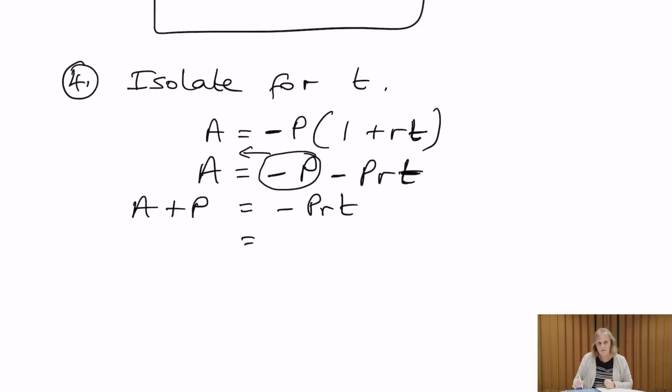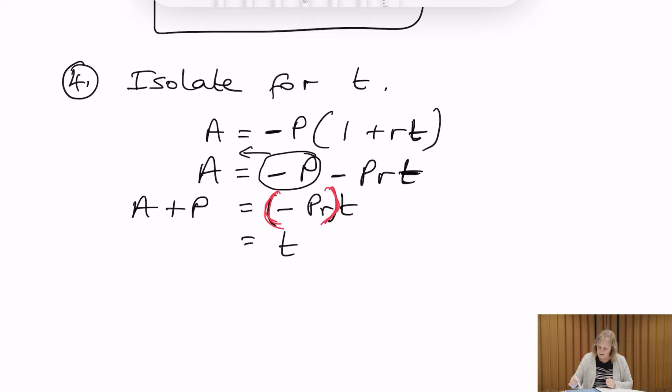Okay, so now the important thing to recognise here is that we have negative p times r times t. So just to isolate t, we know that t is being multiplied by negative pr, negative p times r. So to isolate t, we're going to bring all of that over, and that's why I'm using brackets here, just to emphasize that.